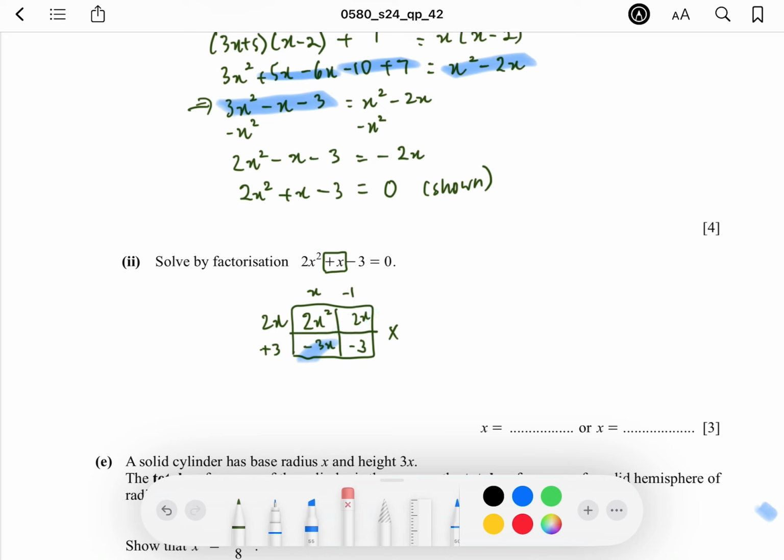So, this one is plus, this one is minus. So, 3x minus 2x is equals to x, positive x. So, that's done. It means our factors would be 2x plus 3 and x minus 1 equals to 0.